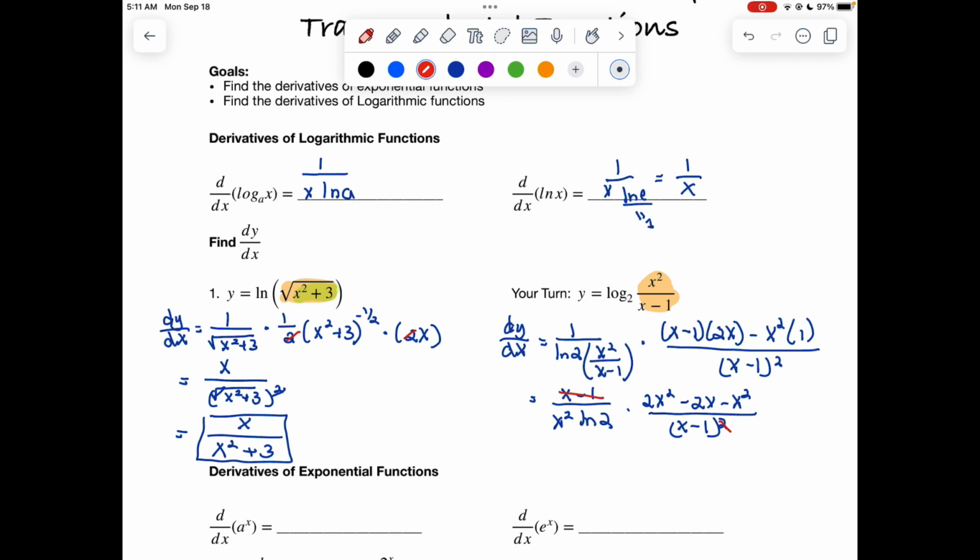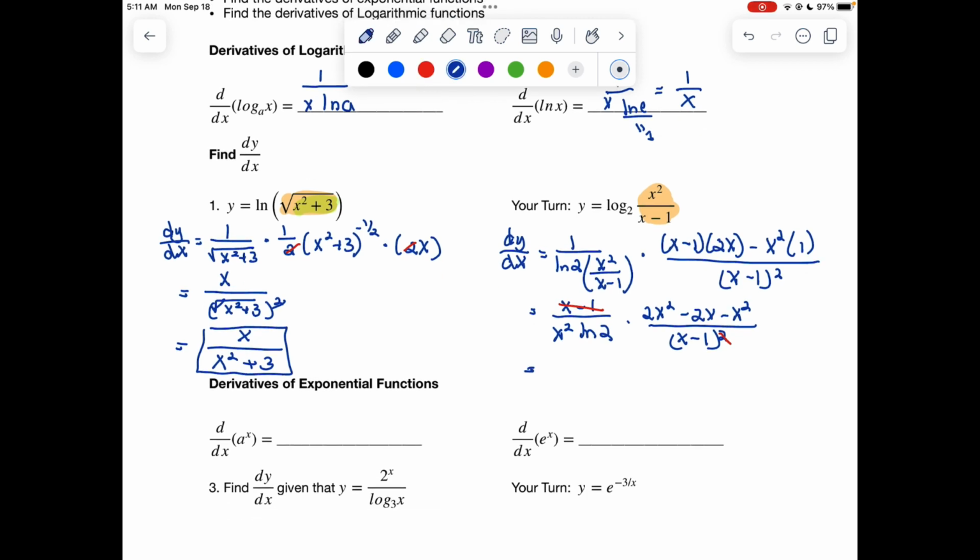And we can divide out our x minus 1 from the top and bottom and an x from the top and bottom. And that will leave us with x minus 2 divided by x times x minus 1 times the natural log of 2.